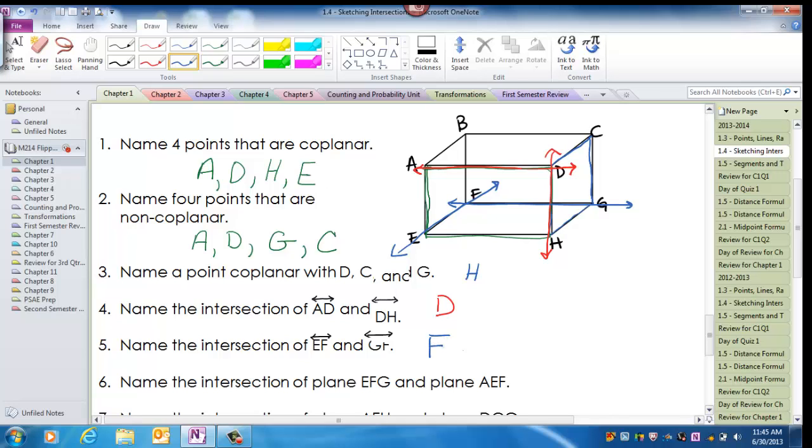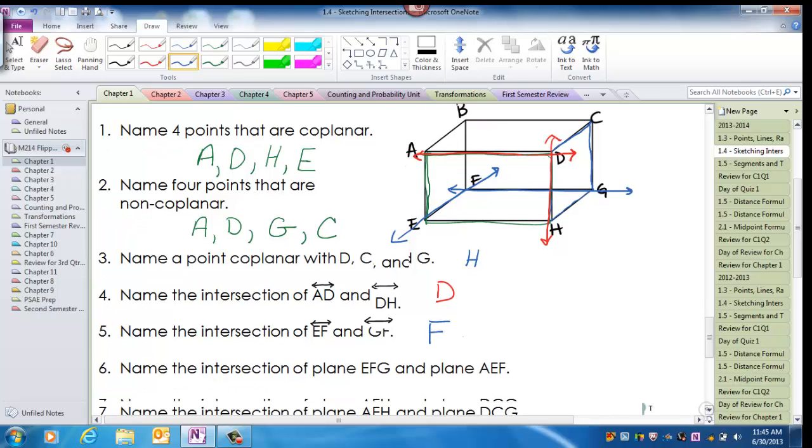Okay, Number 6, name the intersection of plane EFG and plane AEF. Okay, let's outline these planes first of all. So plane EFG. So follow those points, EFG. And then can you find another point that's on the same plane that's coplanar?